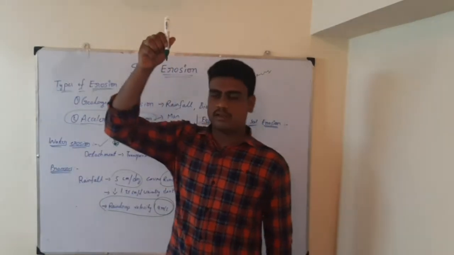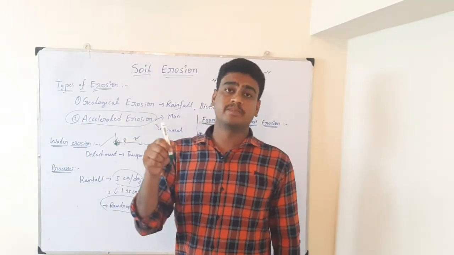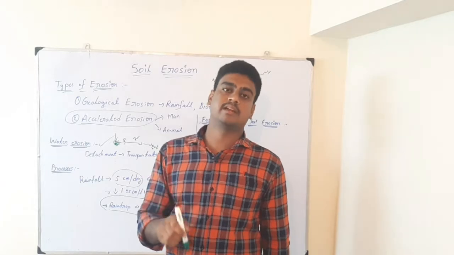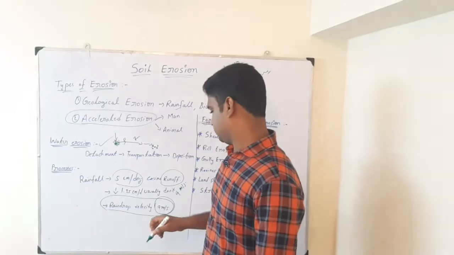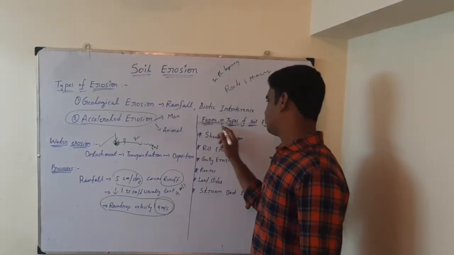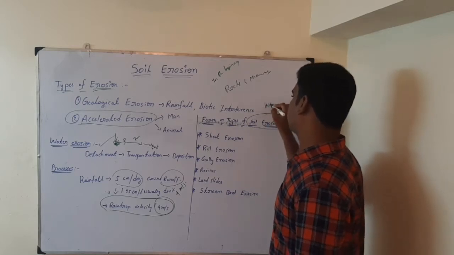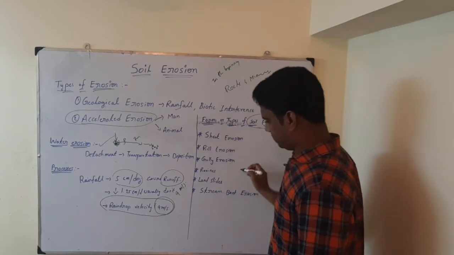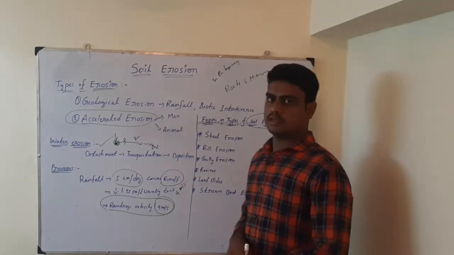When rainfall hits the soil surface with a velocity of 9 meters per second, that raindrop can easily detach or disturb the soil particles. Then the next one: what are the forms or types of soil erosion caused by water? These are the 6 types of water erosion which are caused to the soil.